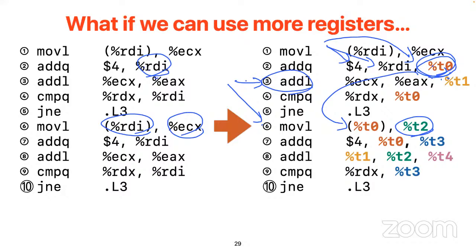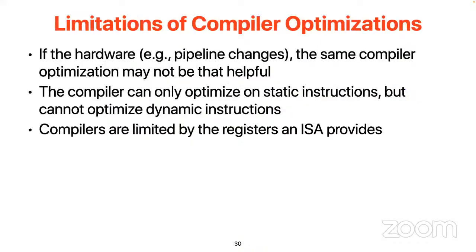So the key here is, if our scheduling is constrained by those false dependencies, the solution is actually we should use as many registers as possible to store a new outcome and have later instructions depend on the outcome of these other registers.